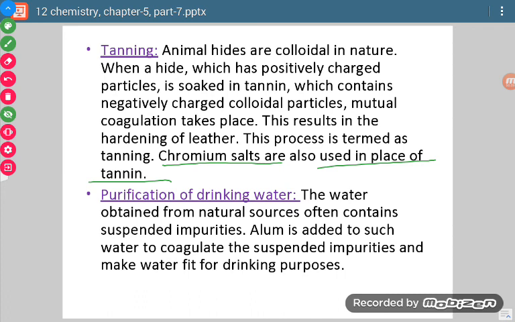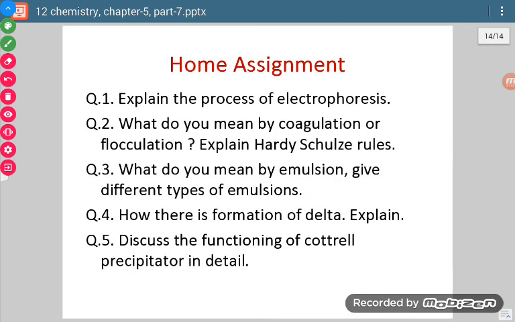We will take a small piece of alum, crush it, put it in a particular packet, and that packet will be moved throughout the solution. Okay, and what will it cause? It will cause those suspended impurities or suspended dust particles to settle down, and then that water will become clear. Okay, now we have finished this chapter. Whatever we have discussed today, on the basis of that you have to solve these home assignments. Okay, thank you.